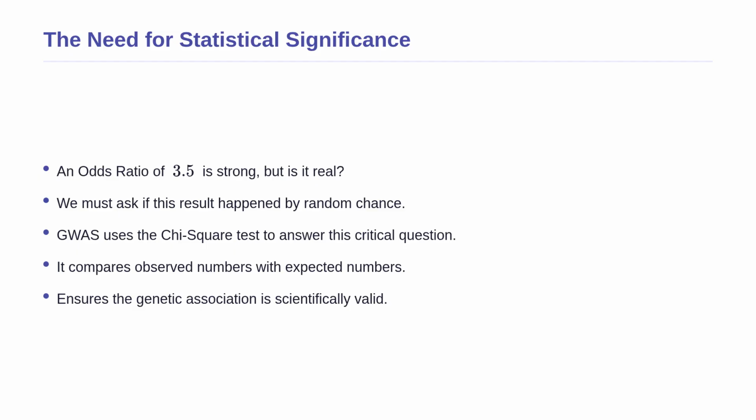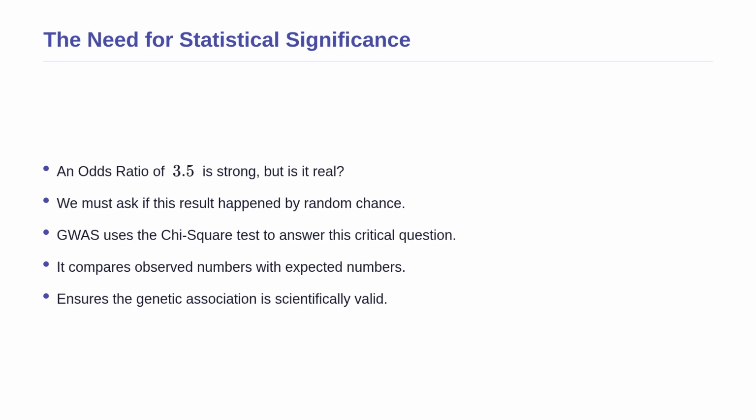This impressive odds ratio of 3.5 leads us to an important scientific question. Even though the number is high, could this result have happened just by random chance in our specific sample of 2,000 people? In science, we cannot just trust a ratio. We must prove its statistical significance.